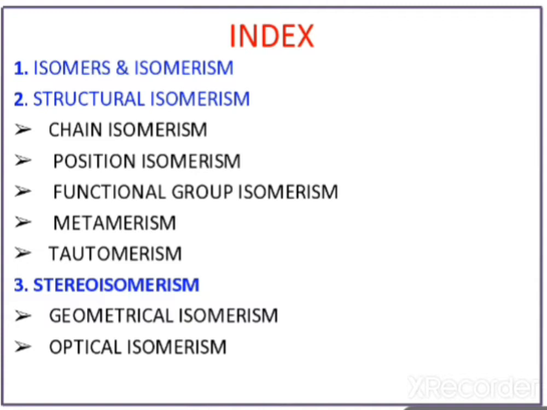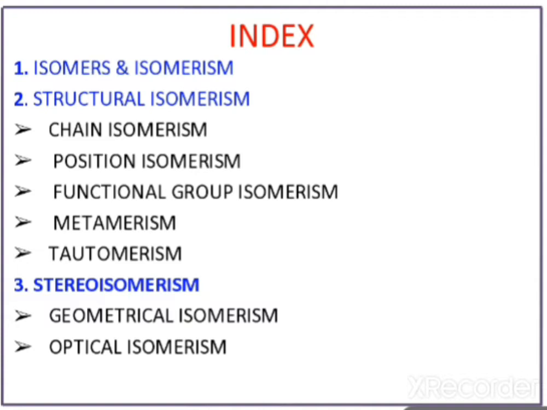So stereoisomerism means the compounds are placed in space, and that structure is known as stereo structure. The isomers which have different positions of the atoms in space, not in 2D but in 3D, are known as stereoisomerism. Under stereoisomerism we will see geometrical isomerism and optical isomerism.